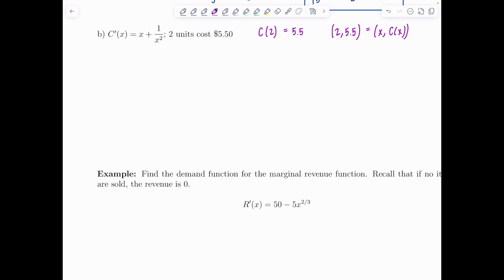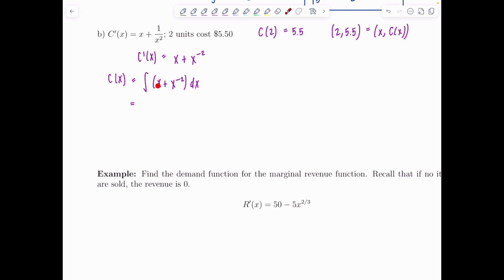Okay. So c prime of x, the marginal cost function, is x plus, instead of thinking of it as 1 over x squared, that's the same as x to the negative second, right? I'm trying to get it ready so we can take an antiderivative. And then c of x is going to be integral of x plus x to the negative second dx. So here we go.